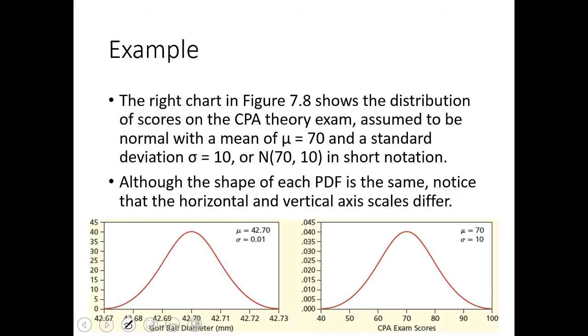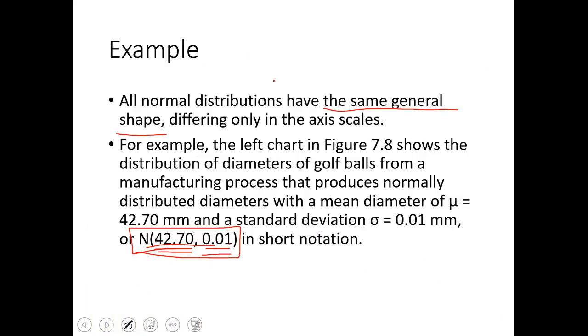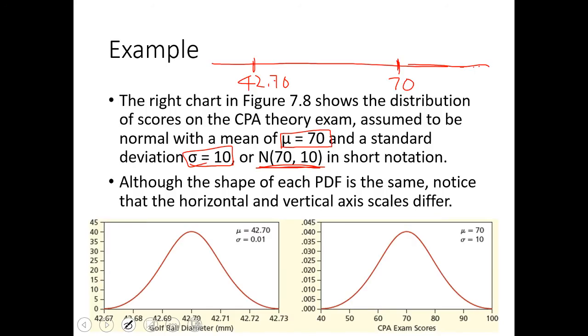Another normal distribution has mean 70 and standard deviation 10. Here is the real number line, here is 70, and here is 42.70 from the previous one.